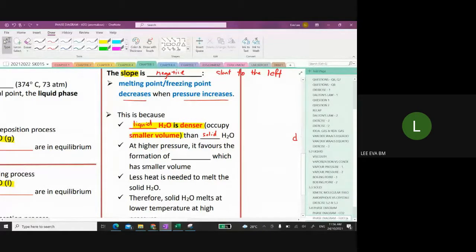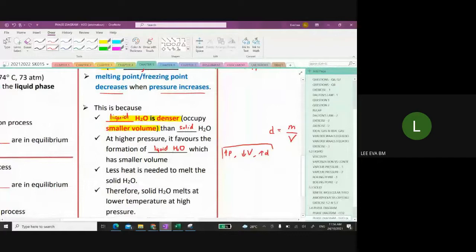Okay, so we say that at high pressure, it favors the formation of liquid H2O, which has a smaller volume. High pressure prefers smaller volume, and smaller volume gives you higher density. So these three points are linked.